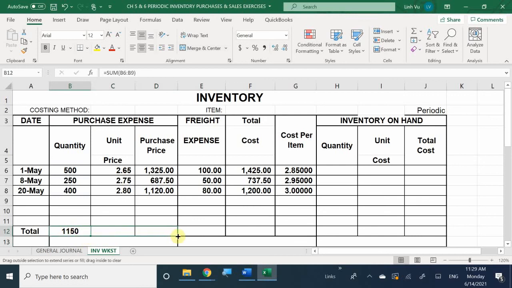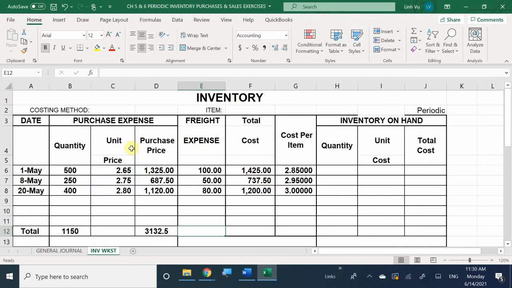Okay. What was the total purchase price? $3,132.50. Excellent. Okay.